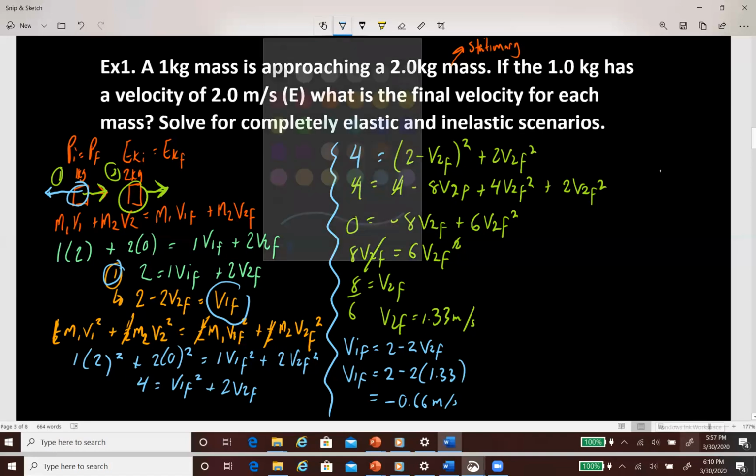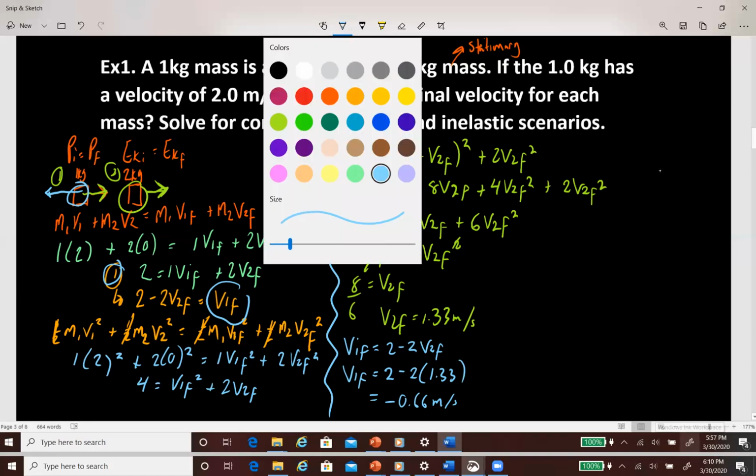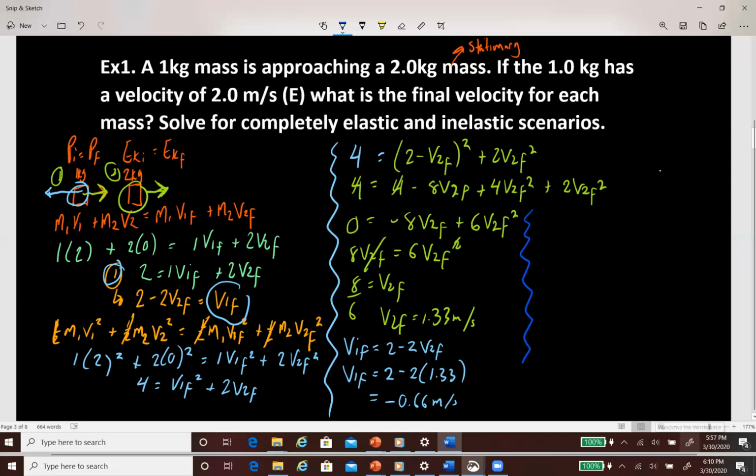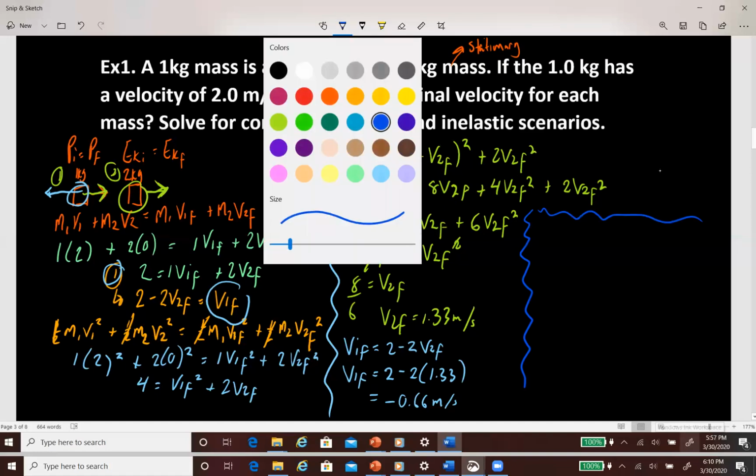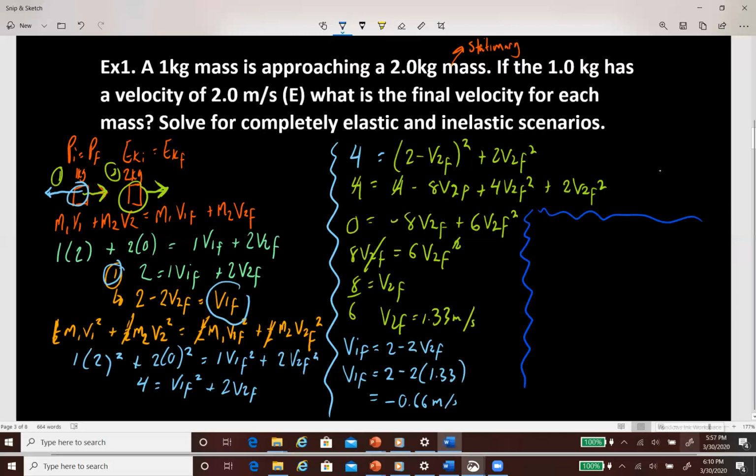Let's look at completely inelastic, which is going to be a lot easier. Because in completely inelastic scenarios, maybe we should make this color a little bit lighter. Okay, the initial momentum is equal to the final momentum, so that holds true. The energy is not conserved.